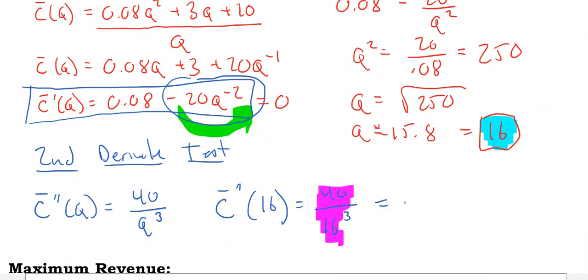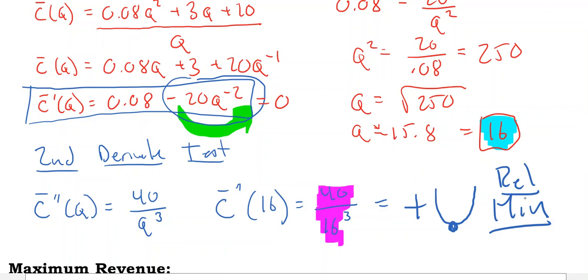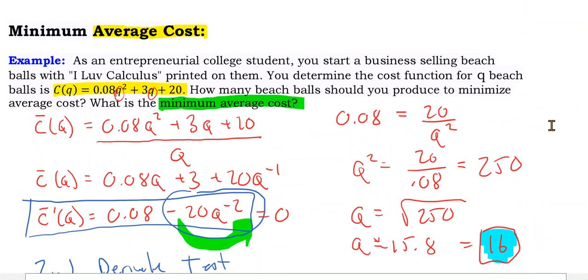So this is going to be a positive value, which means that at this particular point, the curve is concave up, which means we have a minimum. So this gives me a relative minimum, and that is what we are looking for. We have now verified that 16 is a relative minimum.